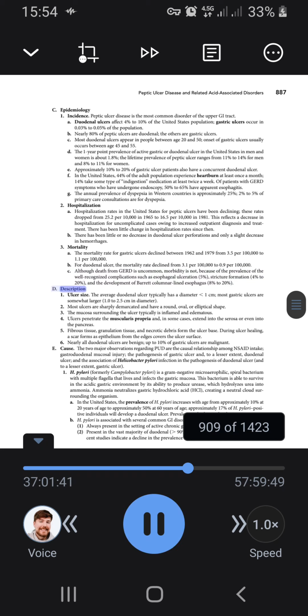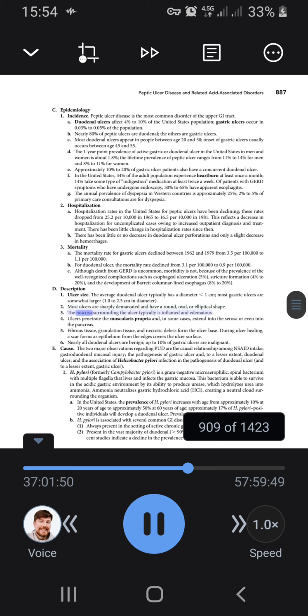D. Description. 1. Ulcer size. The average duodenal ulcer typically has a diameter of 1 centimeter. Most gastric ulcers are somewhat larger, 1 to 2.5 centimeters in diameter. 2. Most ulcers are sharply demarcated and have a round, oval, or elliptical shape. 3.